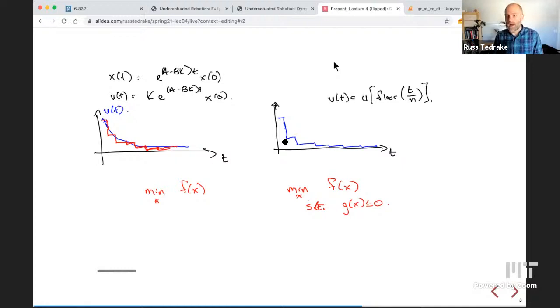Okay, so LQR will not give you that. It'll still converge exponentially in discrete time, but there are different deadbeat control approaches that will arrive in a single step. So that's just one example, but there are probably other cool examples of discrete time giving you something different.